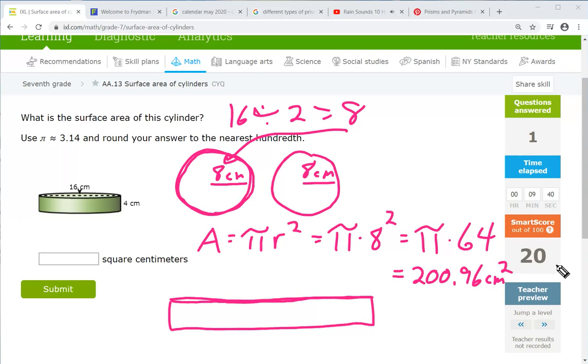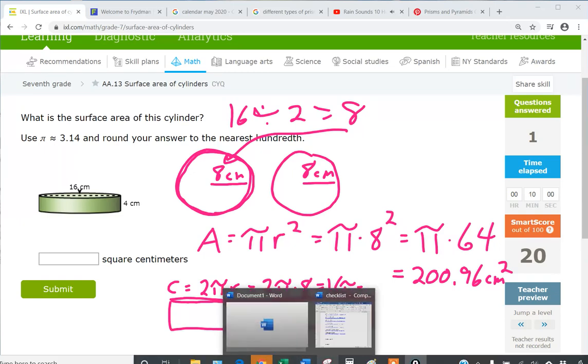So to find the circumference, we're going to do C equals 2 pi r, but our r is 8, so we have 2 times pi times 8, which is equal to 16 pi, which is going to be about 50.